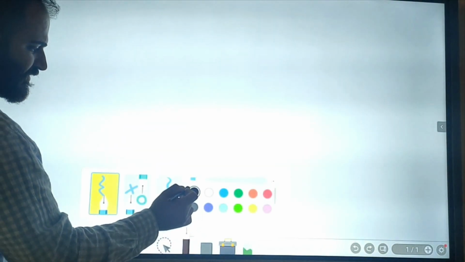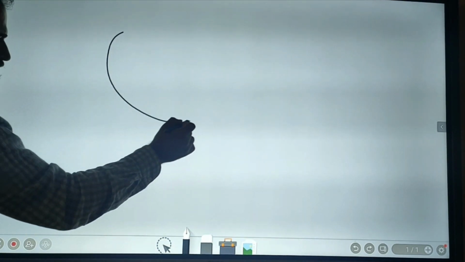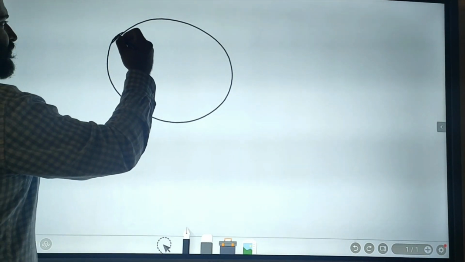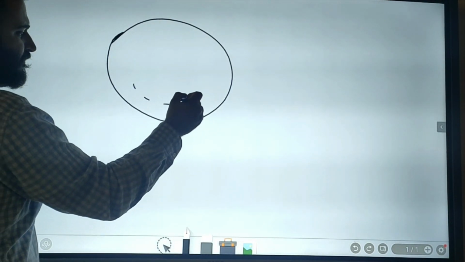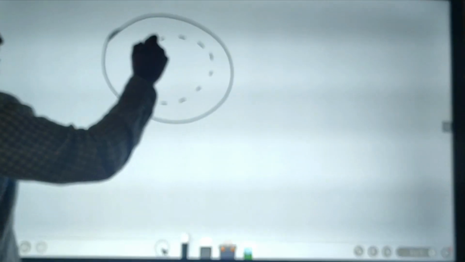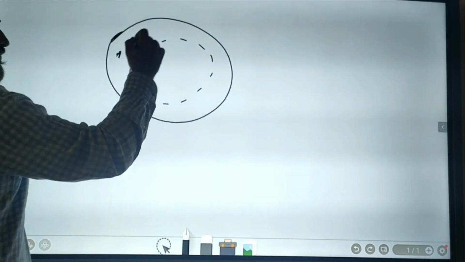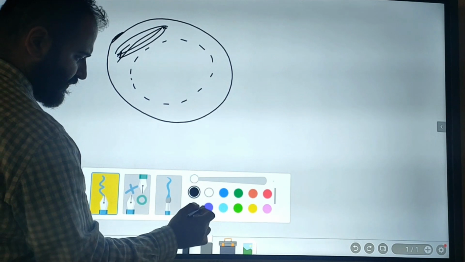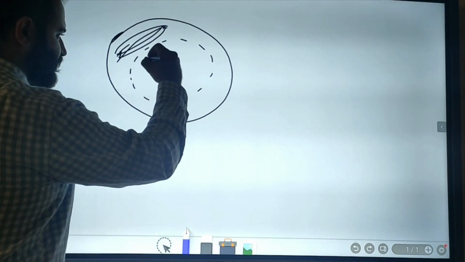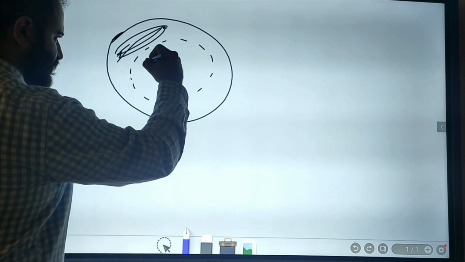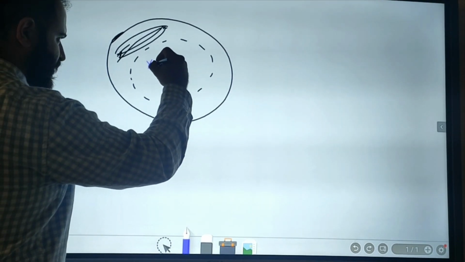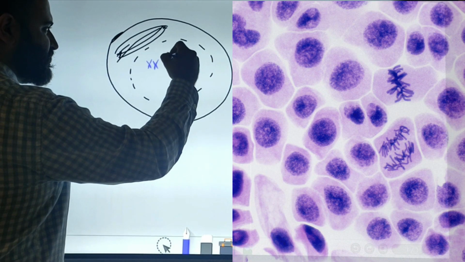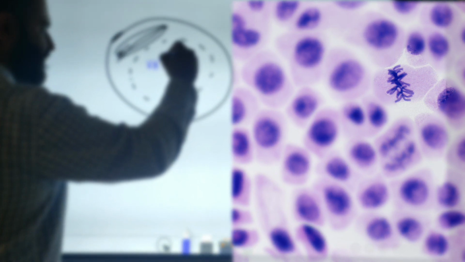So if I'm going to draw a cell which is preparing for division, this cell at the start of mitosis is going to have chromosomes, and these chromosomes can be visible during the second phase of mitosis, which we call the metaphase.